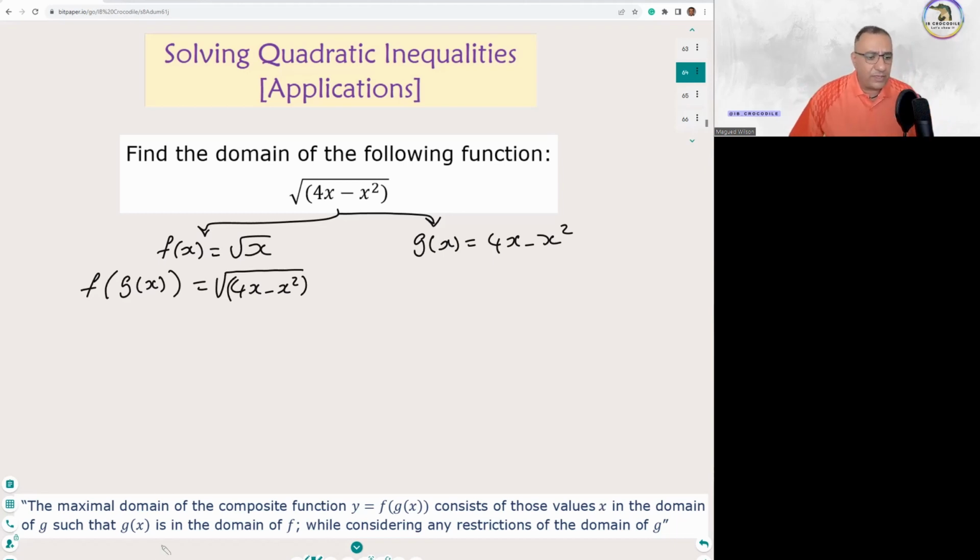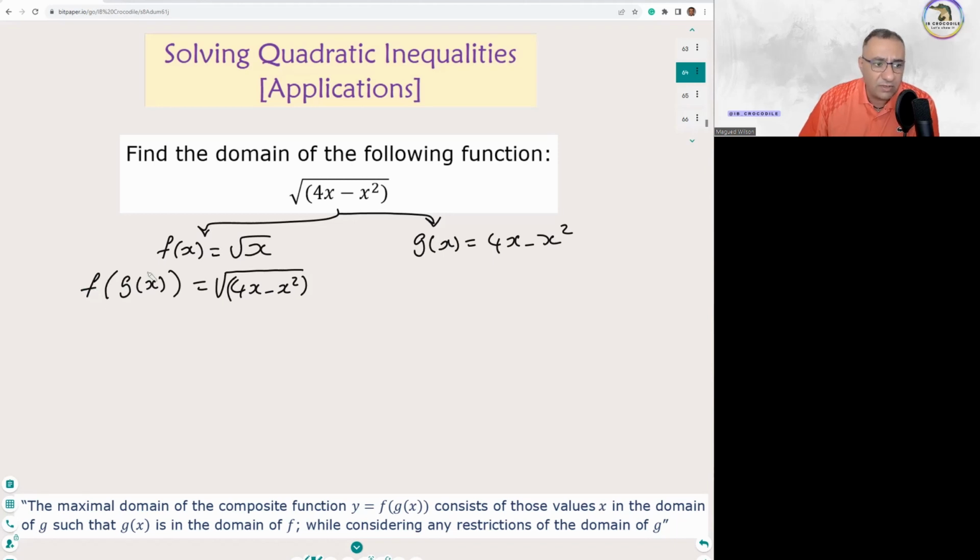Now, to find the domain, here is the technique. The maximal domain of the composite function y equals f of g of x consists of those values x, because the domain is all possible values for x, in the domain of g, such that the whole g of x is in the domain of f.